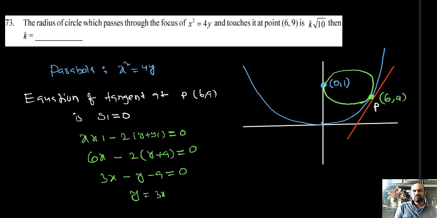This is the tangent equation for the parabola as well as for the circle. Okay, let the center of the circle be (h, k).